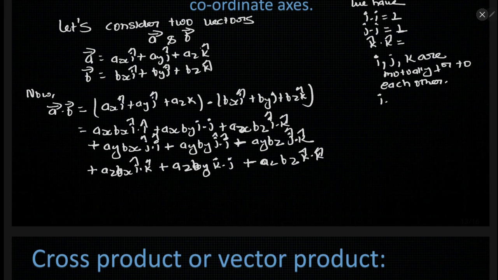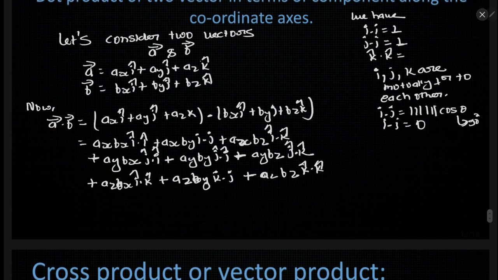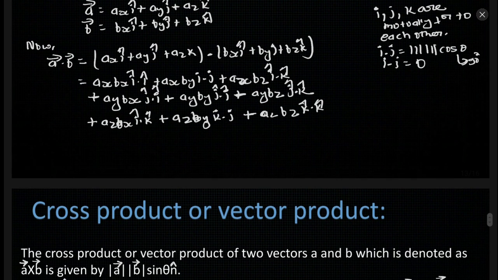So i dot j will be 1 into 1 into cos theta, as these are unit vectors and theta is equal to 90 degrees. Therefore i dot j is equal to 0, and this implies for all i dot j, j dot k, j dot i, everything. So here this term is 0, this term is 0, this is also 0, this is also 0, this is also 0, this is also 0.